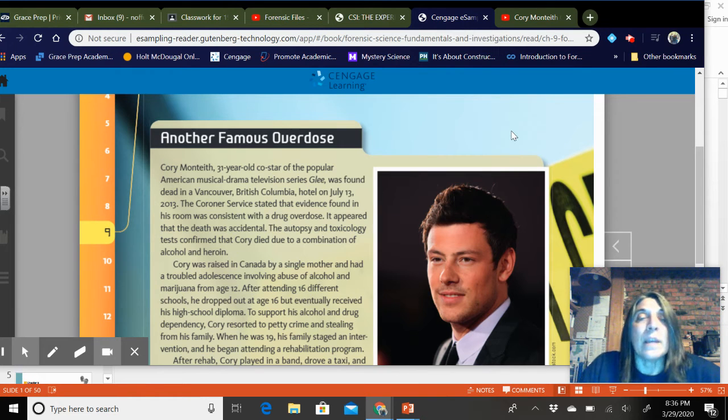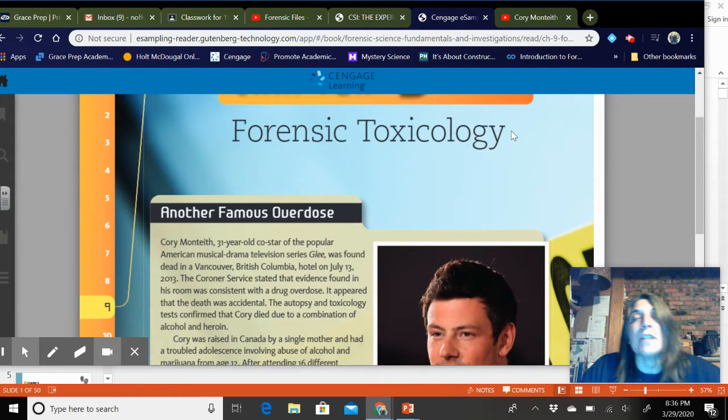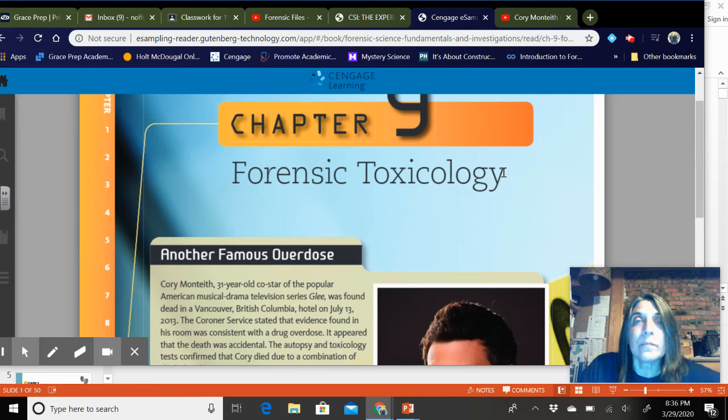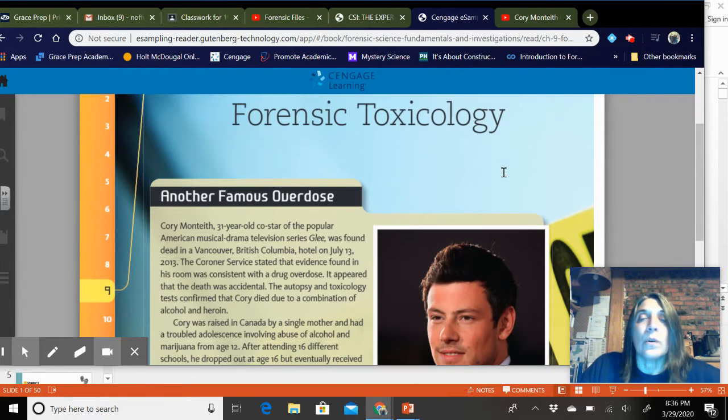Anyway, toxicology is basically all about finding drugs and substances in a body. A forensic toxicologist is usually working with people that are either very, very sick and they don't know what's wrong, or someone who has died and they're trying to figure out what the cause of death was. Unfortunately, this chapter starts with a case study on a famous person dying, which is kind of unfortunate.